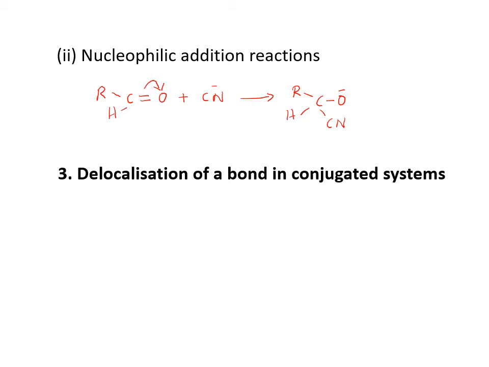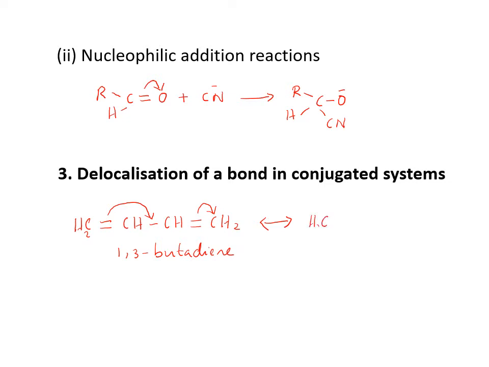For example, if we consider 1,3-butadiene, and the electron migration, movement of a pair of electrons, is represented by this curved arrow notation.